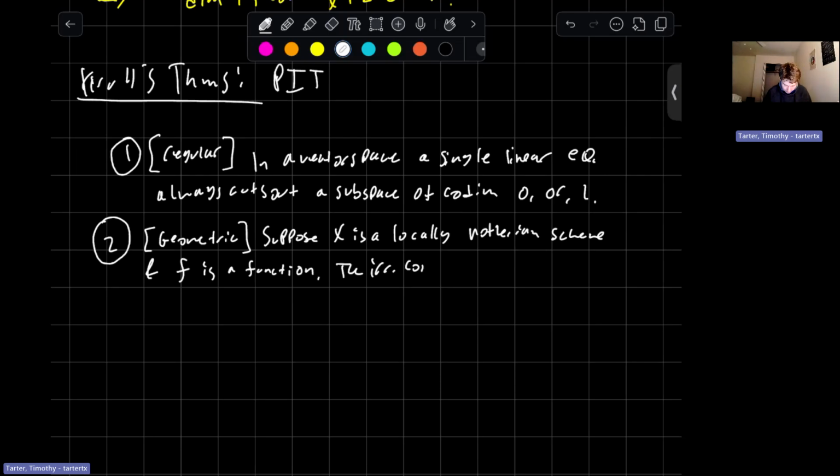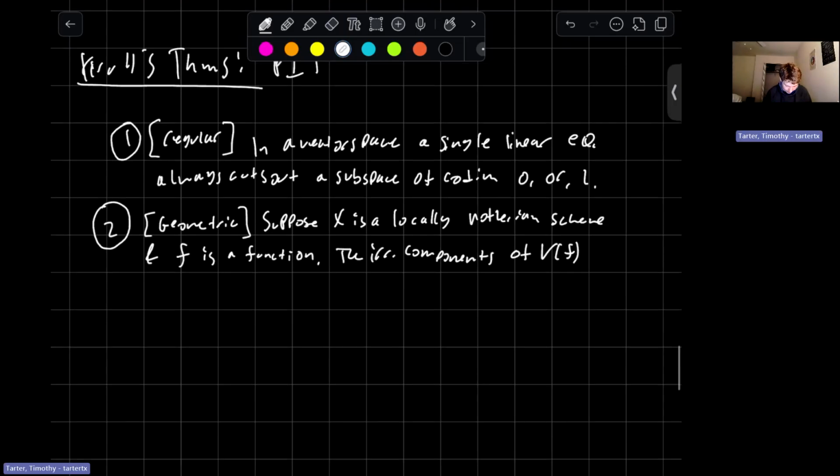The irreducible components of the vanishing of F are codim 0 or 1.